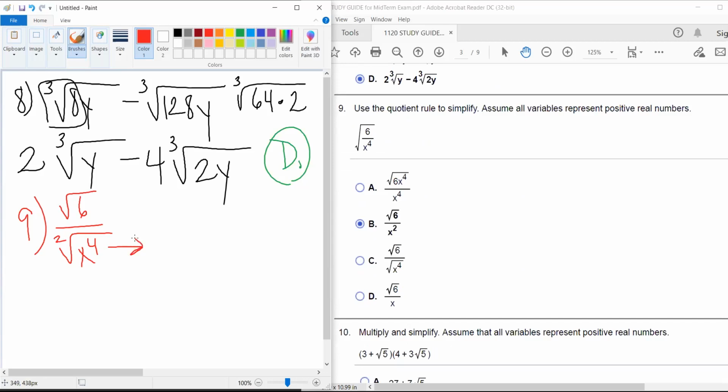However, we can simplify the denominator by dividing 2, or the root, into the exponent. So 2 can go into 4 2 times. So that would be x squared left in the denominator. And that is what answer? That is B for our final answer.